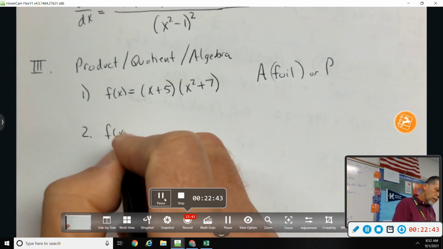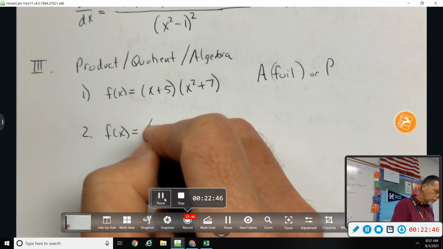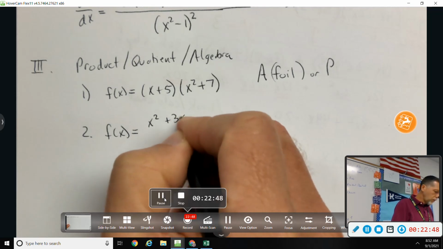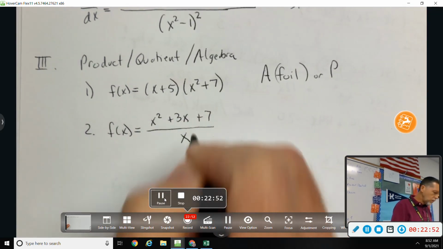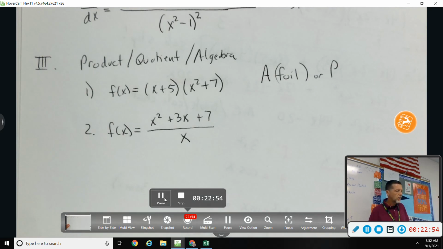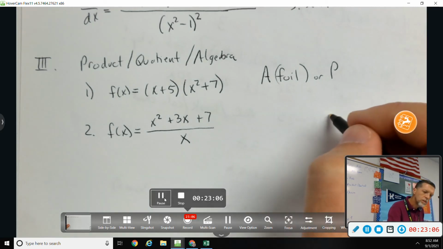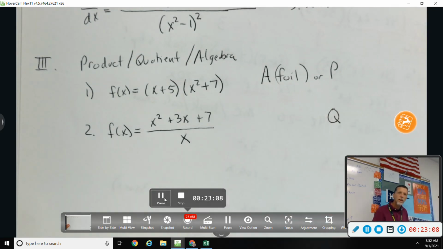How about f of x equals x squared plus 3x plus 7 all over x? It's another one where I'll accept 2 answers for what you do first. So you could use the quotient rule, but you could also use algebra.